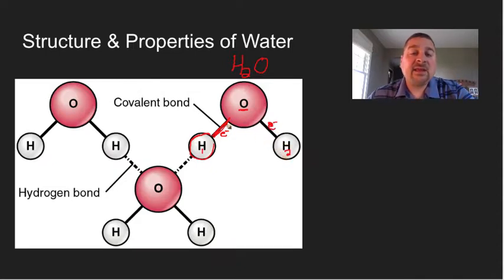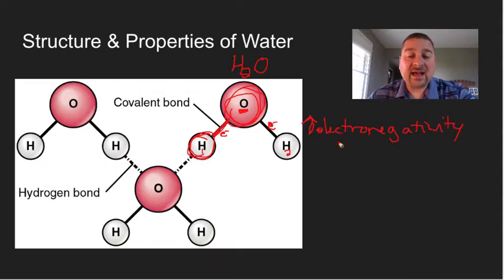Now, in theory, with the covalent bond between oxygen and hydrogen, those electrons should be spinning around the oxygen and then around the hydrogen about equal parts of the time. However, oxygen has a higher electronegativity. In other words, it has a higher attraction for the electrons, so they're not equally shared.